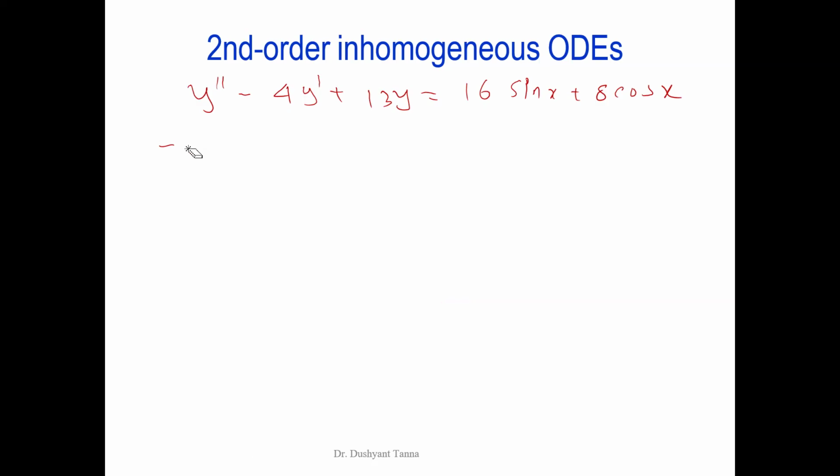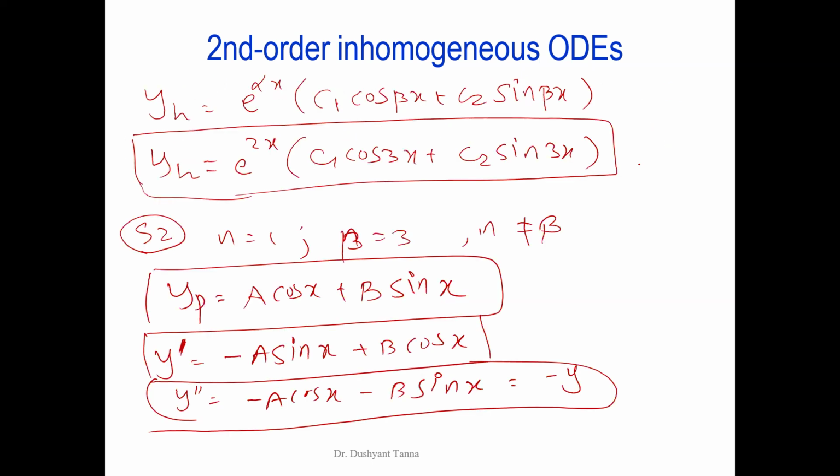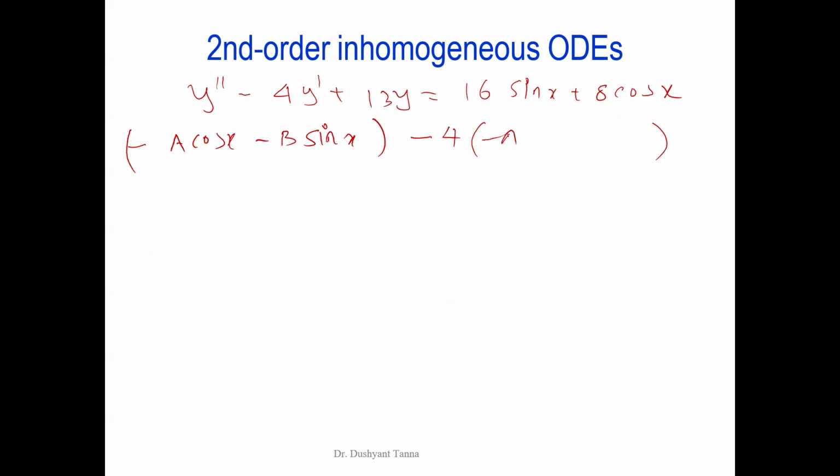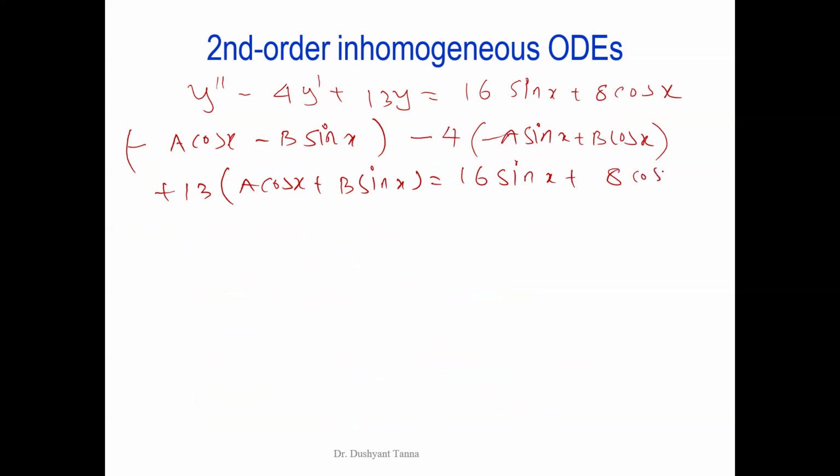We don't want to keep it like this. So y double dash, which is minus a cos x minus b sine x, minus 4 y dash, which is minus a sine x plus b cos x, plus 13y, which is a cos x plus b sine x, is equal to 16 sine x plus 8 cos x.